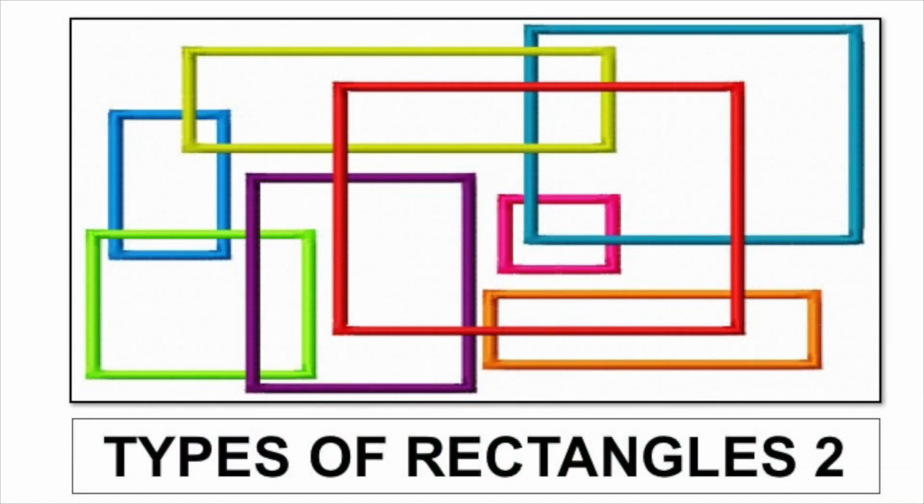So let's take a look at our PowerPoint presentation, Types of Rectangles, Lesson 2. Yes, and here in the picture, you can see lots of different shapes, but they're all a particular shape. Rectangles. How many sides do they have?